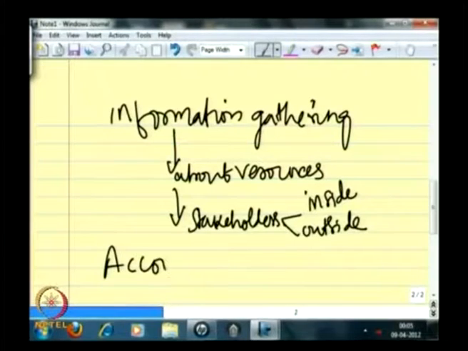Now, a system that provides this consistency between 2 organizations X or Y, or for that matter a system that provides consistency to all the organizations when it comes to gathering this information, is actually accounting. So, accounting in a very broad perspective, we are going to get into the finer definitions of what accounting is, but at a very broad general level, it is a system that provides this information.